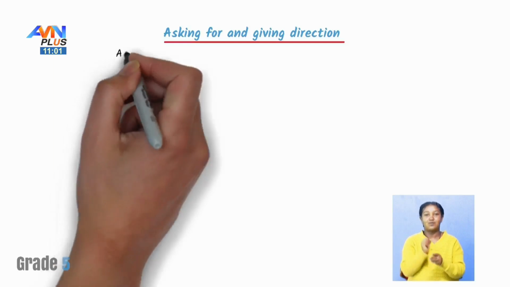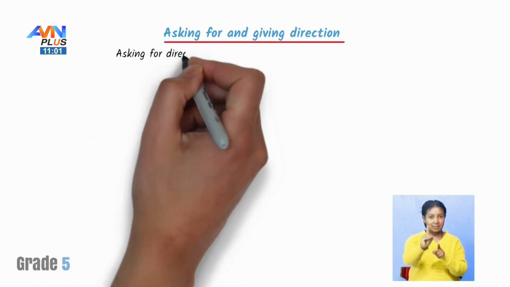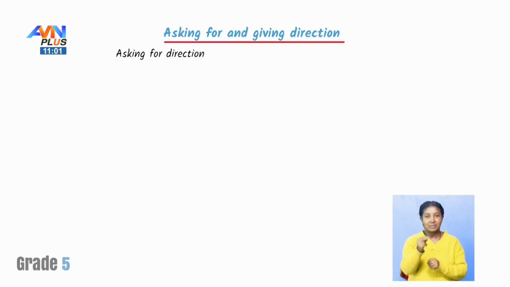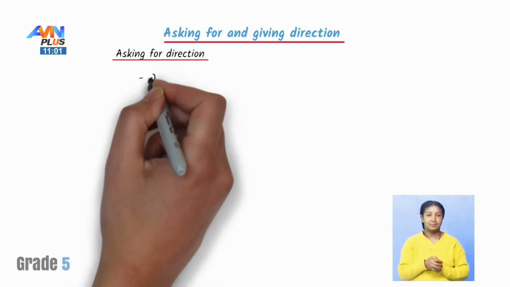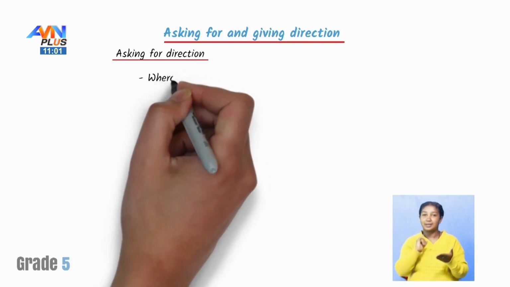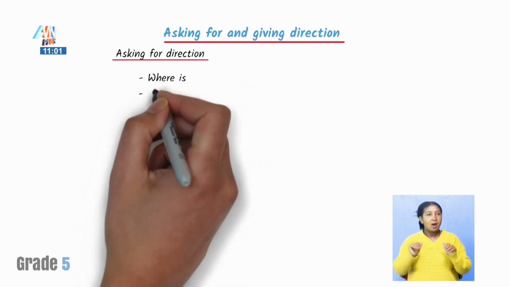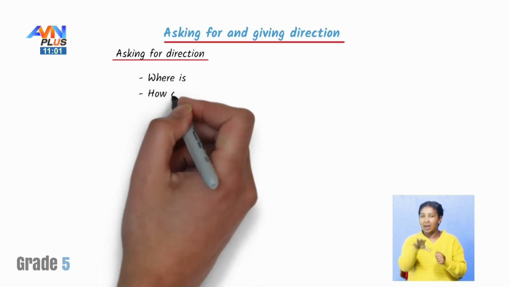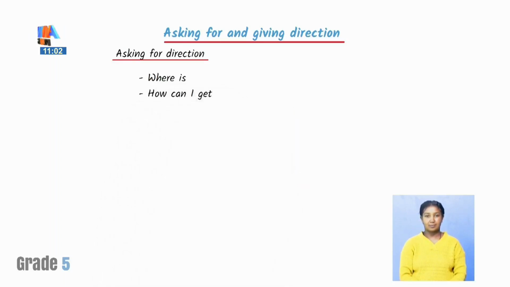For example, when we said here, asking for direction, we can use some expressions just like, where is? How can I get? Can you tell me?